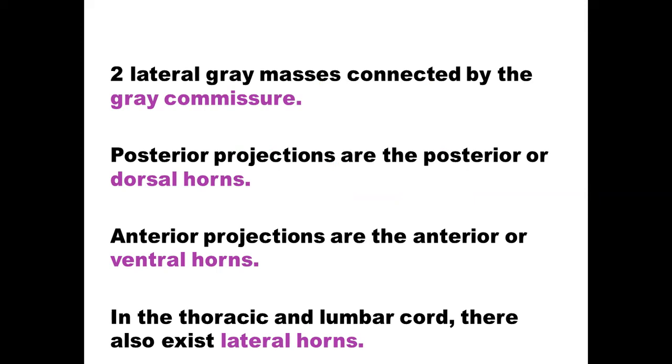If we take a cross section of a spinal cord, we can see the gray matter and white matter. White matter is outside and gray matter is inside in the form of H-shaped or butterfly shape. You know what is white matter?